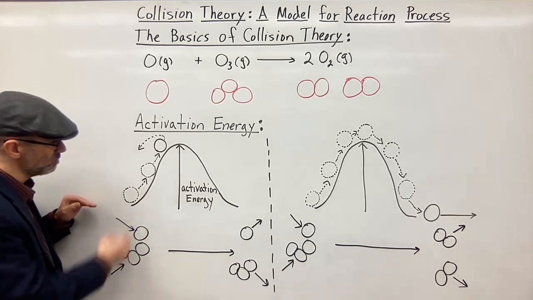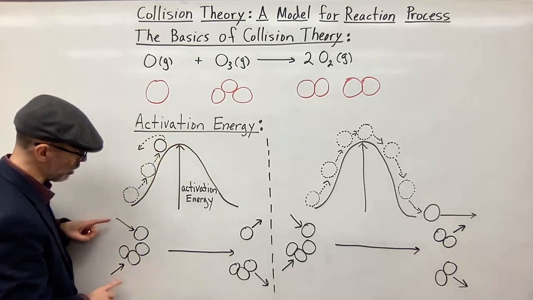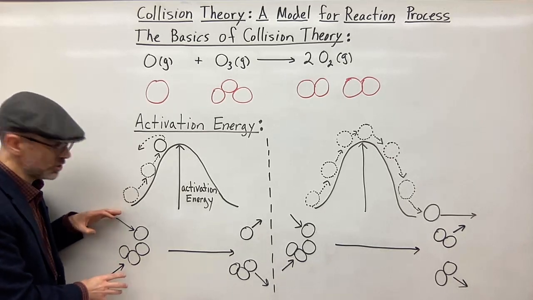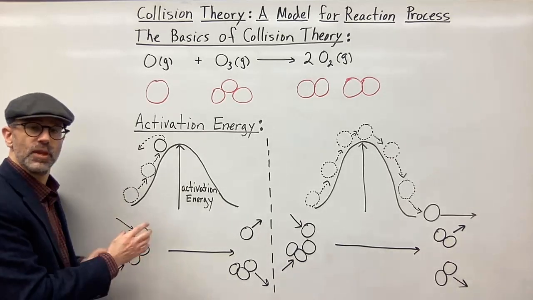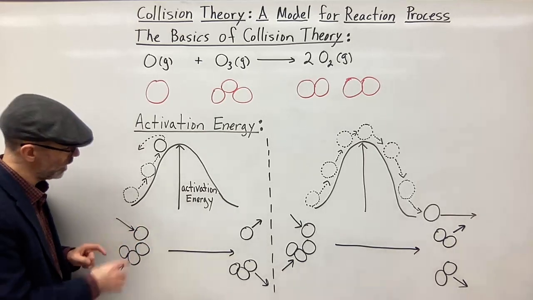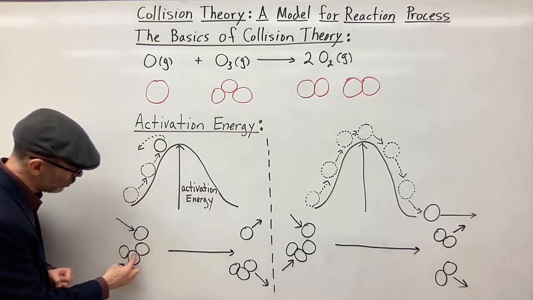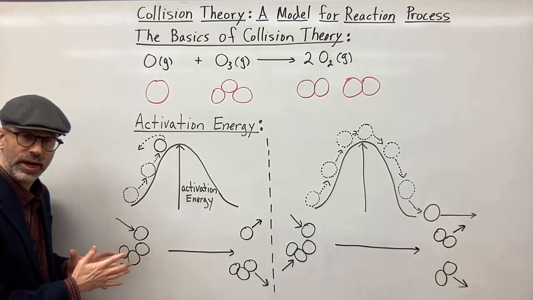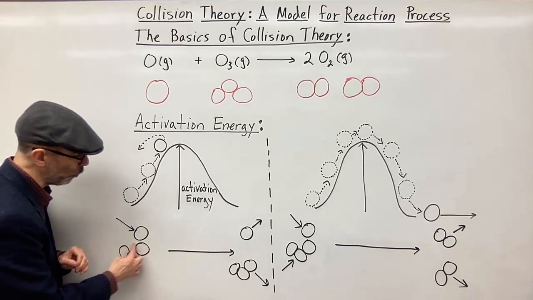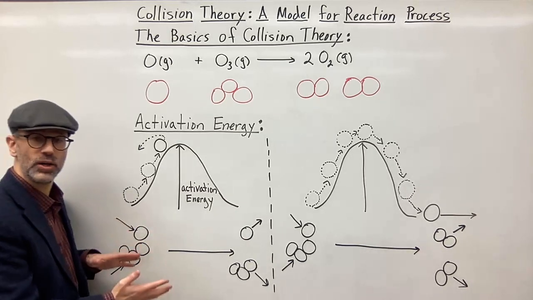So in this case, just as the ball doesn't have enough energy to get to the top and rolls back down, these two do not have enough energy such that when they collide, they're not going to form the activated complex. They're not going to form that transition state. So you'll get a bond here that might start to form, and you'll get this bond here to start to break, but it's just not enough to get the full formation of the bond and the full breaking of this bond. So what ends up happening is that they just go back to where they were.